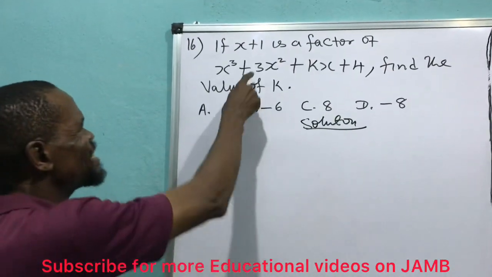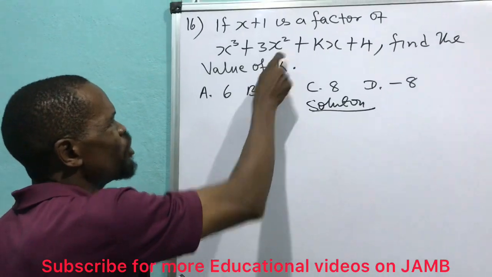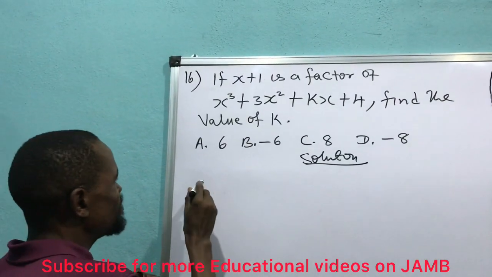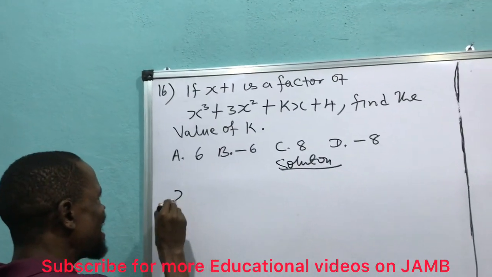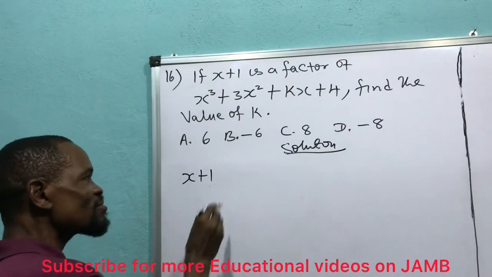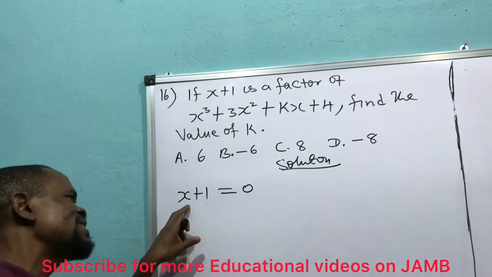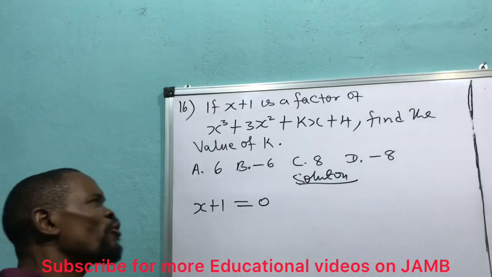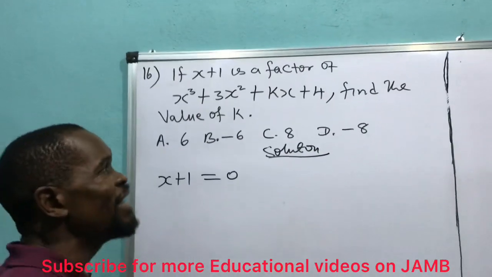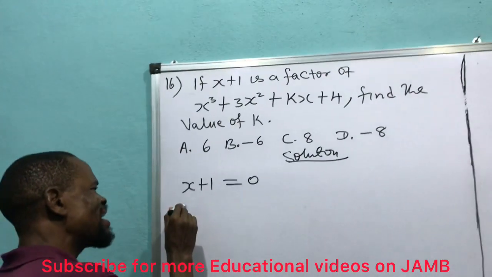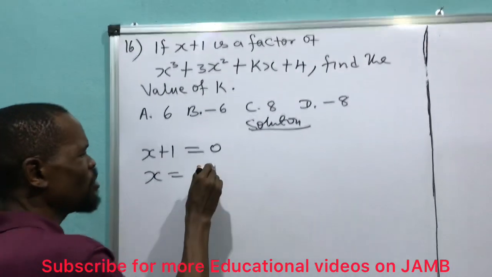Then for this to be a factor of this polynomial, it means that x plus 1 is equal to 0. Therefore, I can say that x is equal to minus 1.